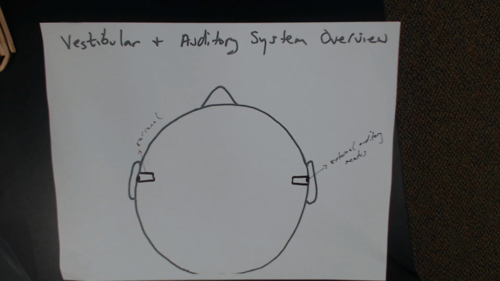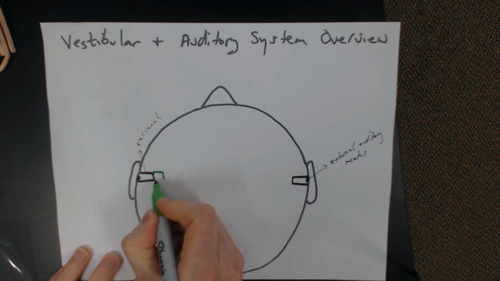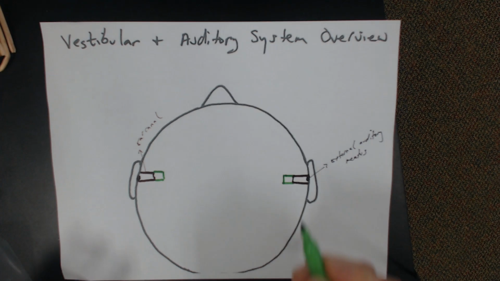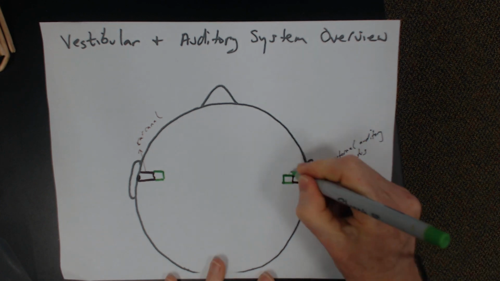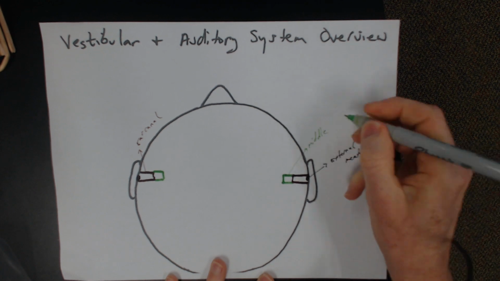Okay, coming off of the ear canal, you have something called your middle ear. Okay, what cranial nerve is responsible for general sensory for the middle ear?